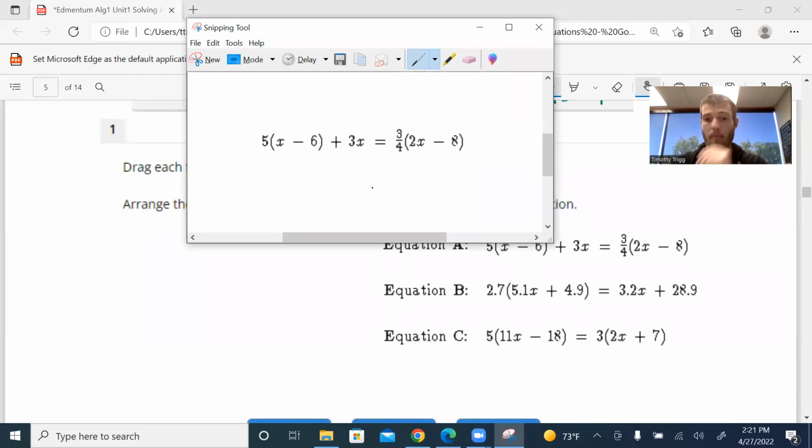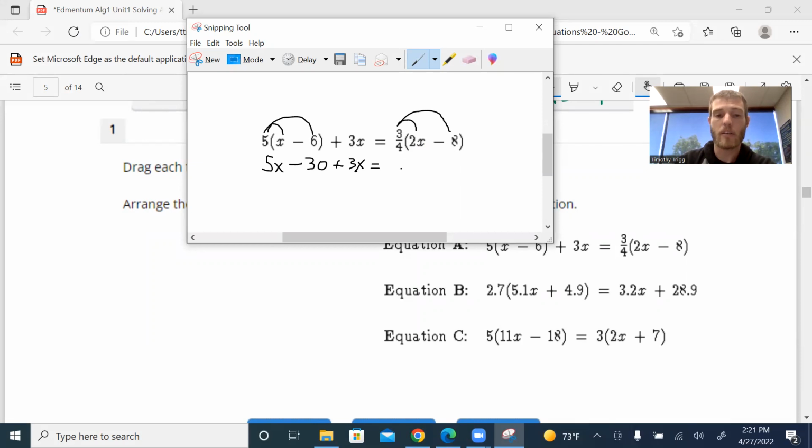And let's go ahead and distribute here and distribute here. Okay, so this would be 5x minus 30 plus 3x equals, now when we distribute here, 2 times 3 is 6, 6 over 4.